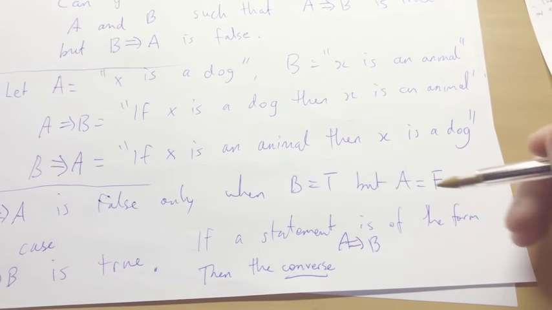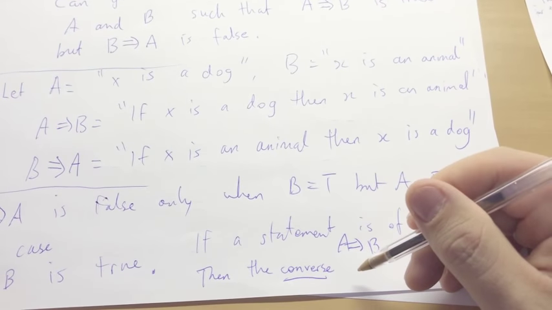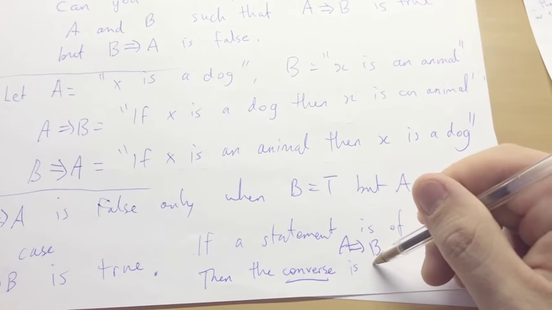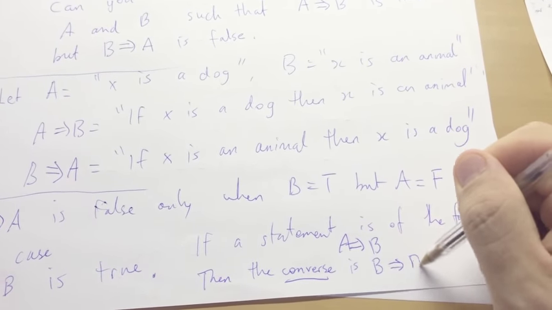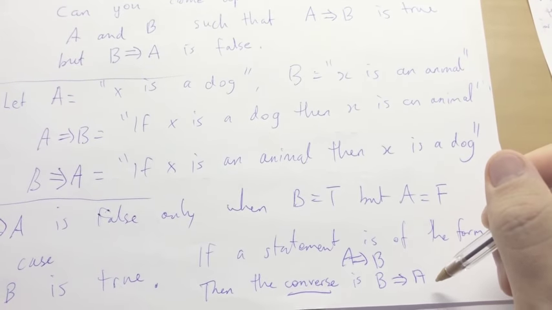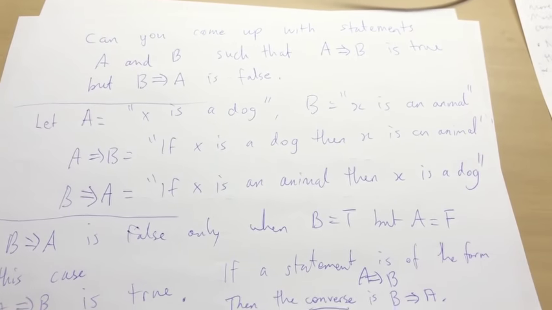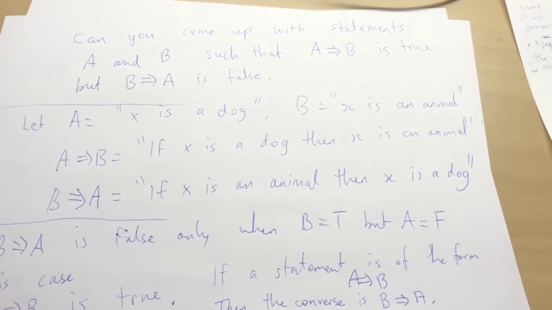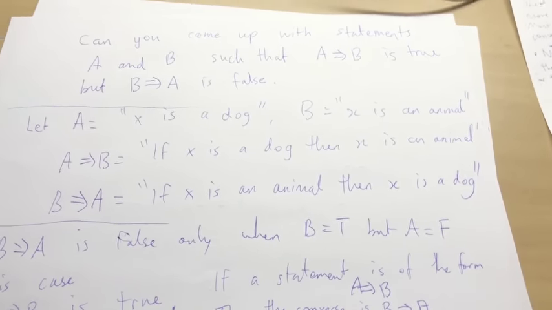So this is the definition of converse. And what we just illustrated is that if a statement is true, its converse might not be true.